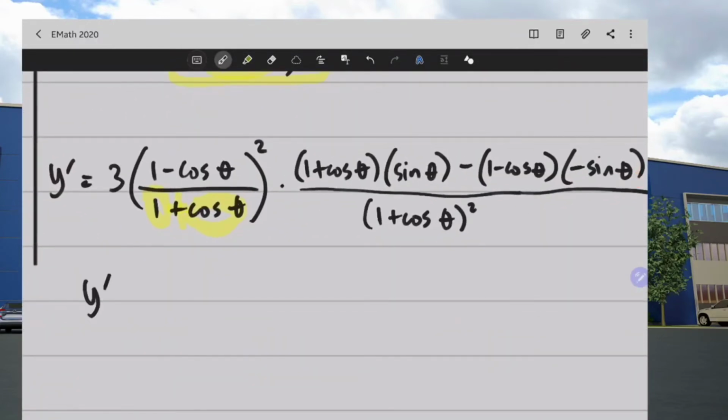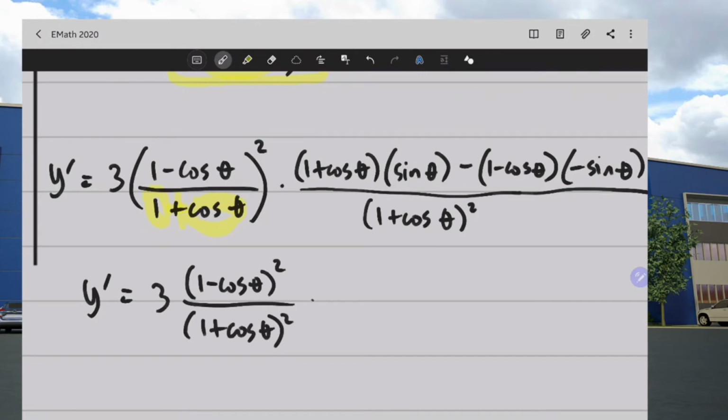So y prime is equal to 3 times, how about if I rewrite this as 1 minus cosine theta squared over 1 plus cosine theta squared. Times dito, I could factor out sine theta, right?